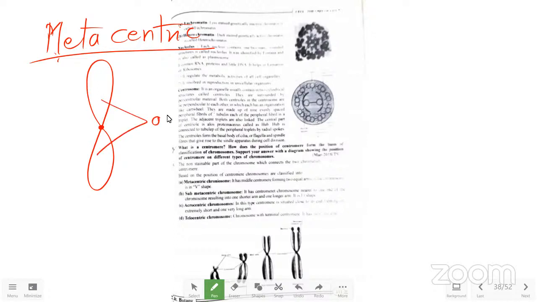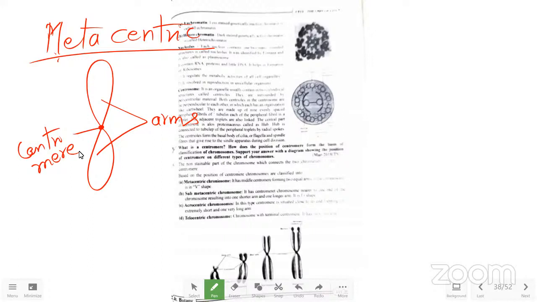These are the arms of the chromosome, and this is the centromere. When the centromere is present at the center of the chromosome, dividing the chromosomal arms into 2 equal sides, that is called the metacentric chromosome.